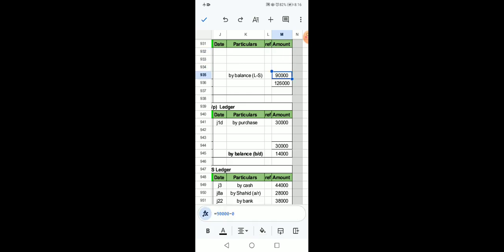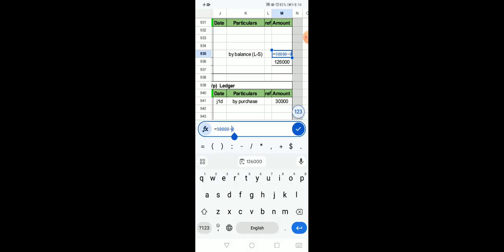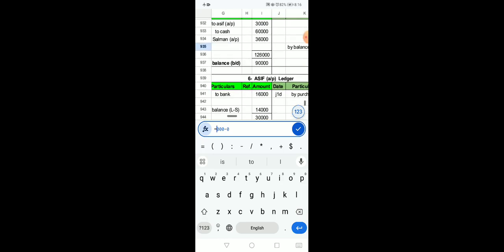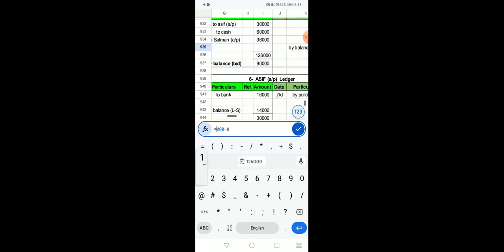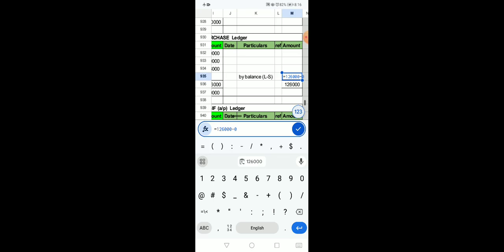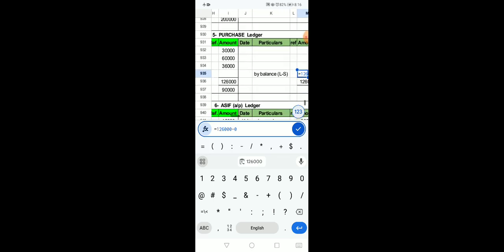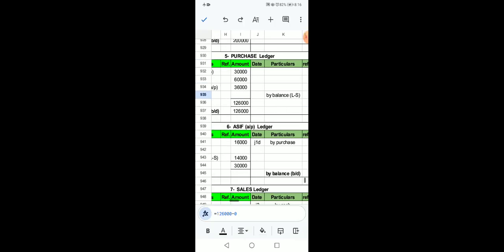So you will subtract the smaller sum from the larger sum. Larger sum here is 126,000. So you will write 126,000 over here, and nothing was present on credit side. It means sum of credit side was 0. Here you have calculated your balance, 126,000.